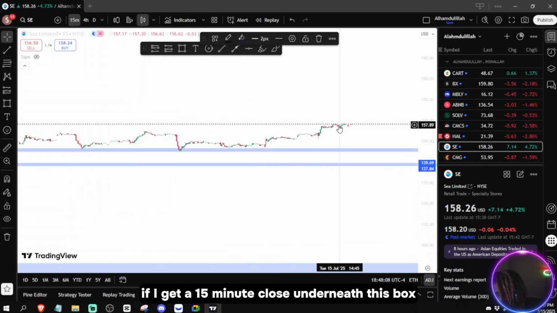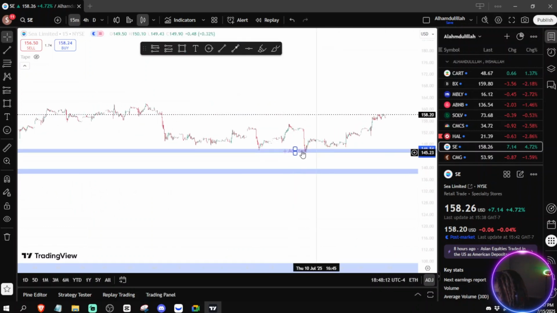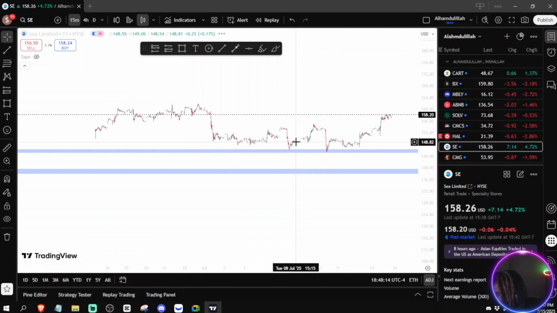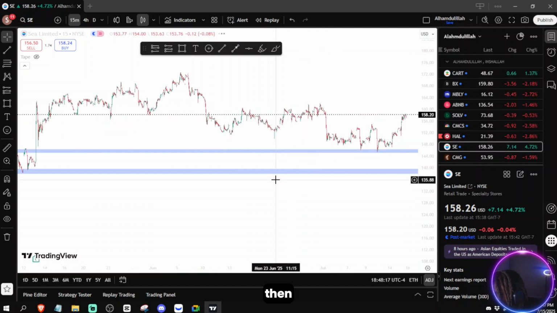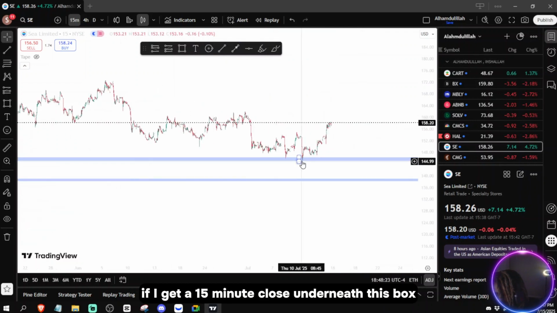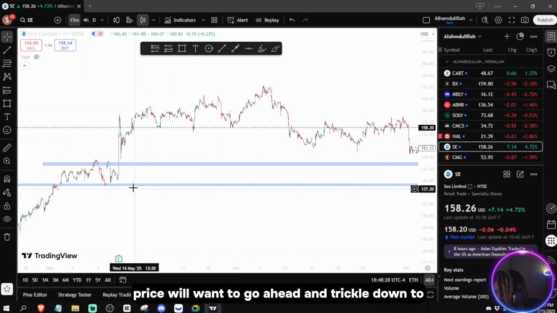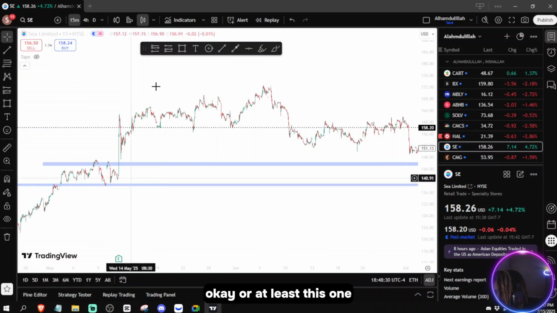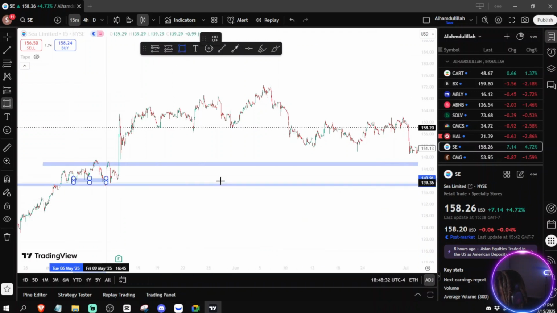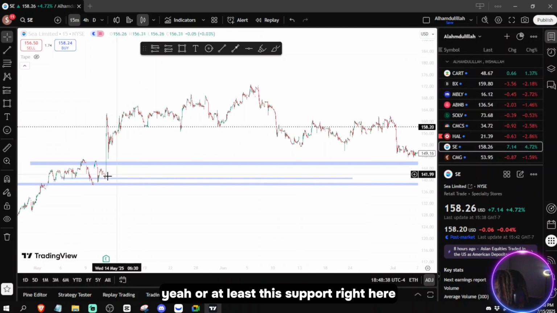Okay, if I get a 15-minute close underneath this box, then I believe that price will want to go ahead and trickle down to down here. Okay, or at least this support right here.